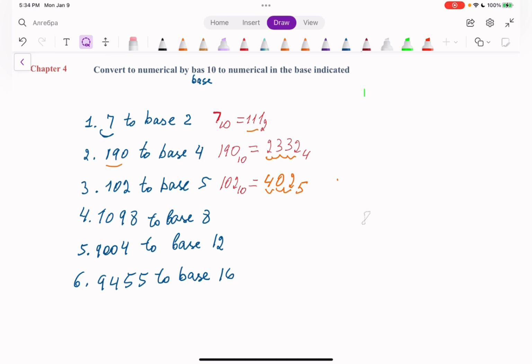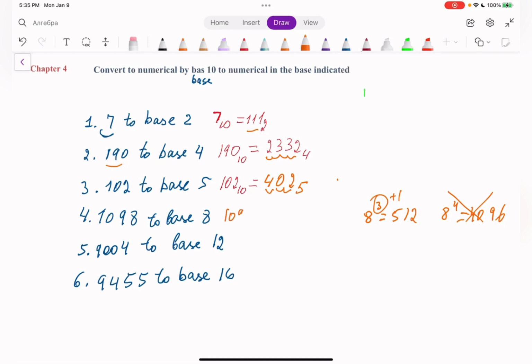After I tried several degrees, I got close to 1098 by raising 8 to power 3, because that gives you 512. But 8 to power 4 gives you 4096, which is beyond. So this is not going to work. We are getting 3. So degree 3 maximum plus 1. So it's going to be 4 digits.